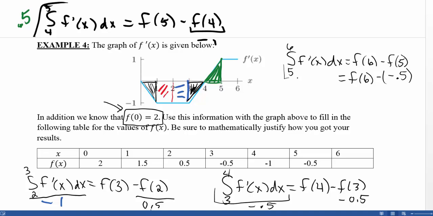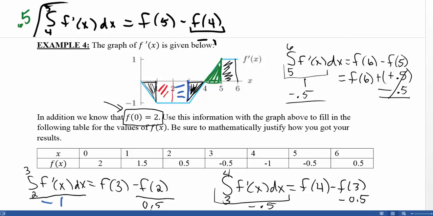Now the area under the curve from 5 to 6, that's a rectangle. It's going to have a base of 1, a height of 1, so a value of 1. Here, the negatives cancel. So in order to bring this over, we have to subtract 0.5 from both sides. So it'll cancel on the right, and I get f of 6 equals 0.5.